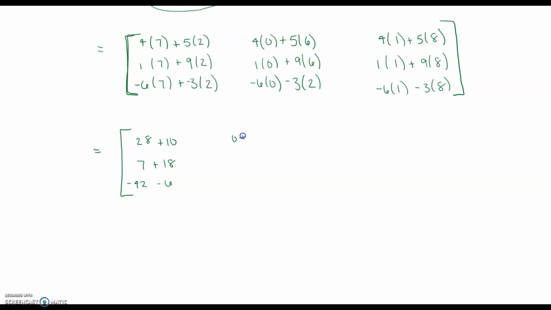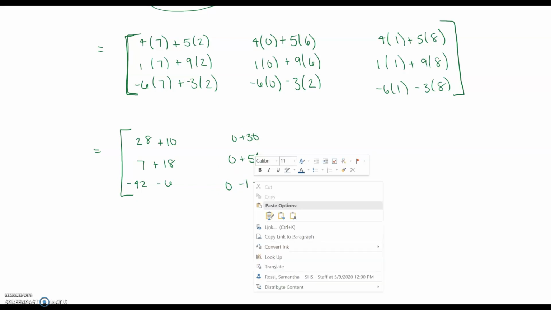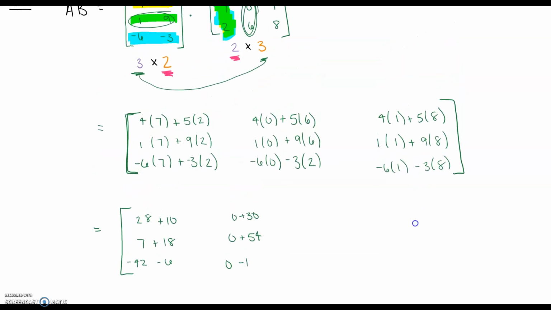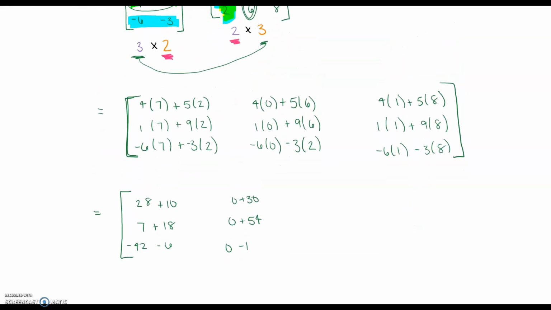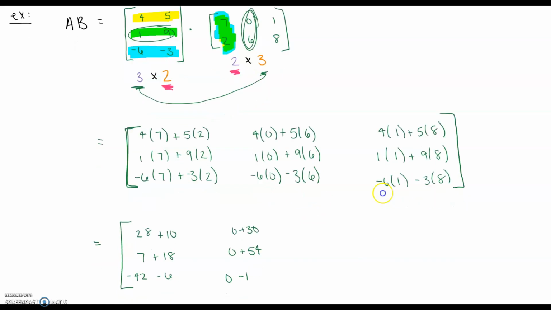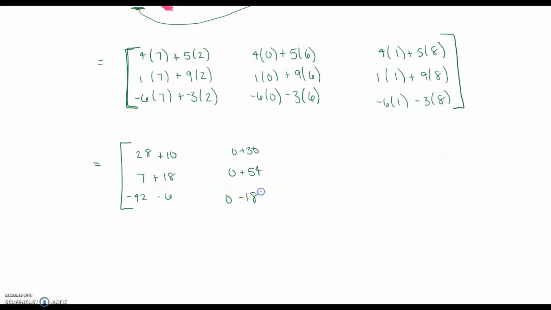Then we've got 0 plus 30, 0 plus 54, 0 minus 18.